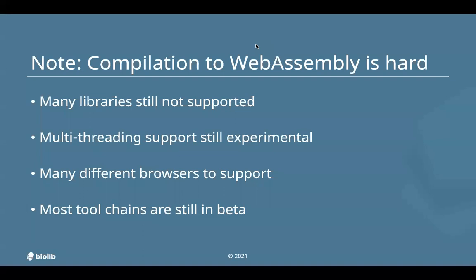That said, it's still very early days. Many libraries are not supported. I spent a long time getting just the basic Python packages to work. It works now, though. That said, if you use something slightly more exotic, it probably won't work. Multi-threading is still very experimental. And finally, when you're building something with WebAssembly, you're probably building for many different browsers because it is a standard, but it's still early days, so I think it can be slightly different in each browser.